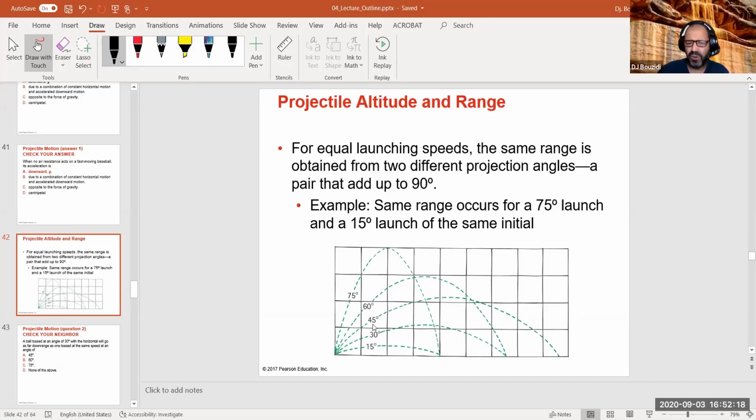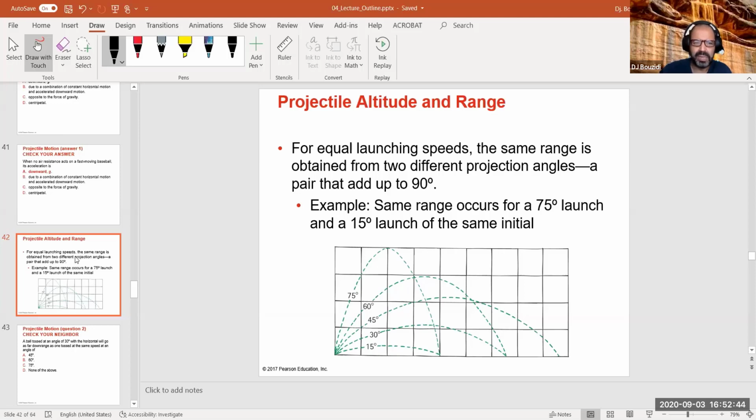And the 45-degree angle can only be added up to itself, and that is the maximum range you're going to get. So this is a typical question you're probably going to see on some of the shows. The range is at max at 45 degrees, provided the air resistance and the humidity are negligible. If they are not, then the angle is actually different, slightly less.